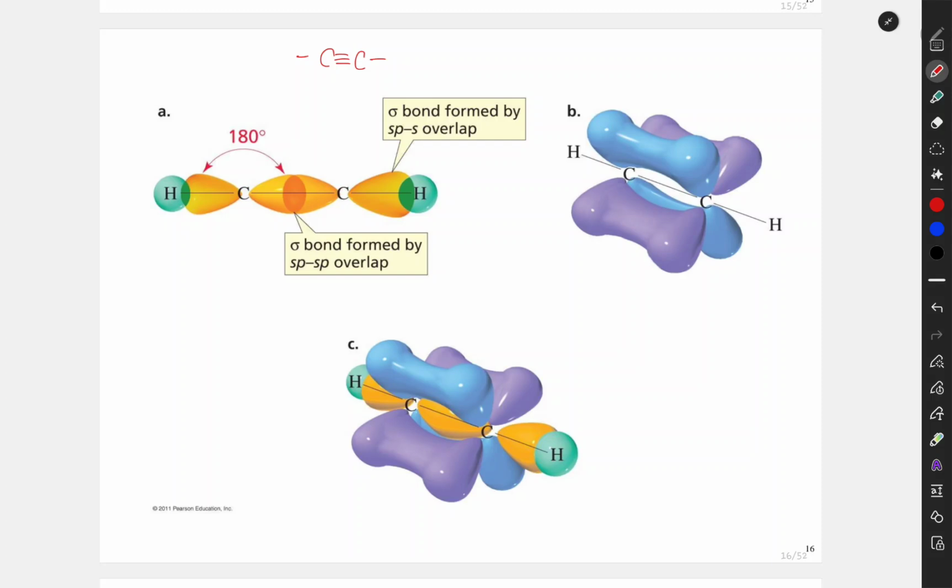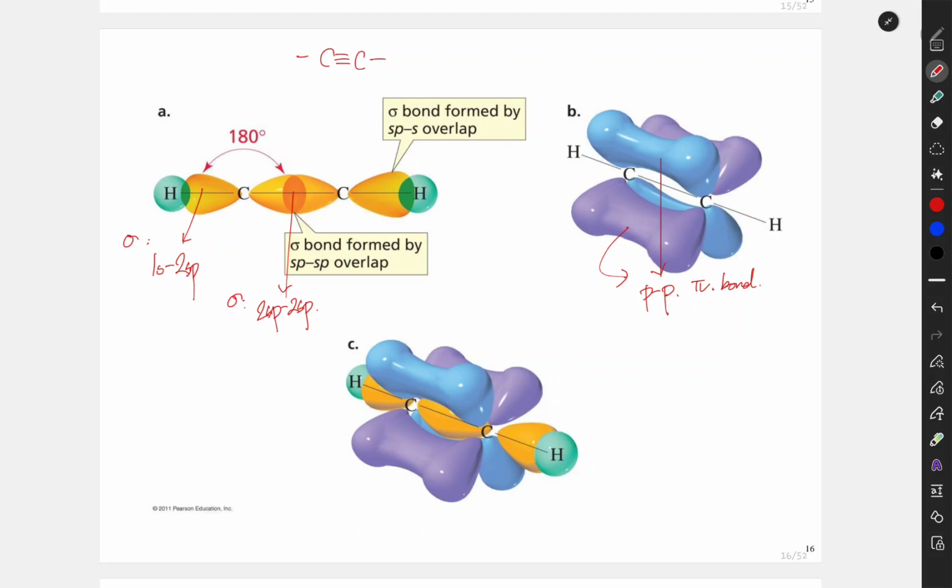This can be described as 1s and sp orbital, sp and 1s orbital. This can explain the sigma bond between carbon and hydrogen. And as we saw in the previous slide, you have two remnant p orbital sets here and there, and each of them can form the side to side, or side by side, interaction.